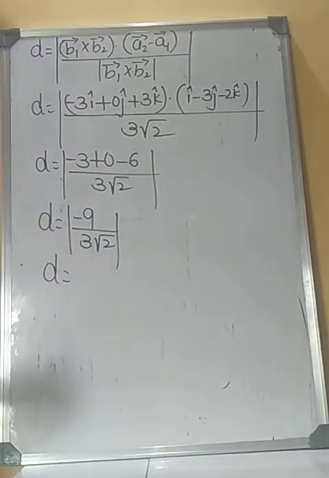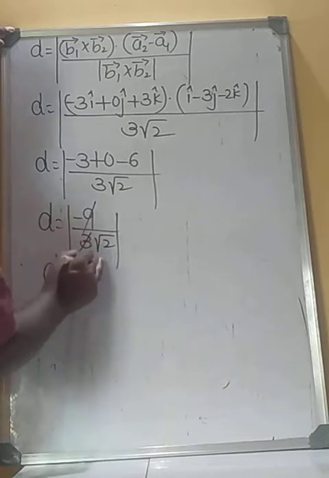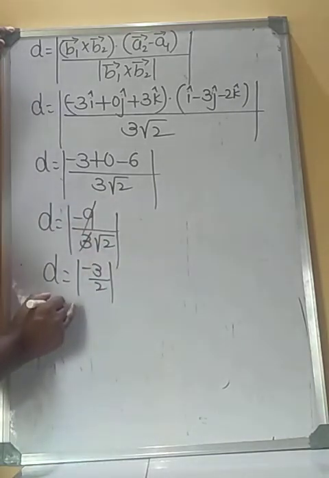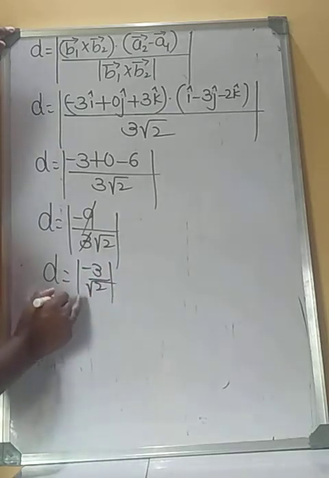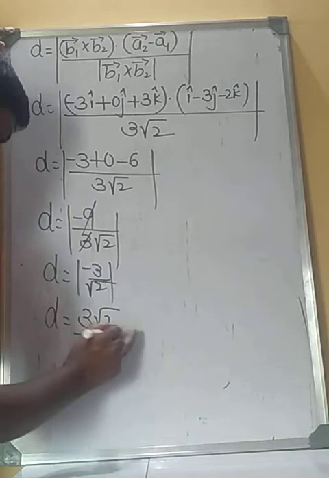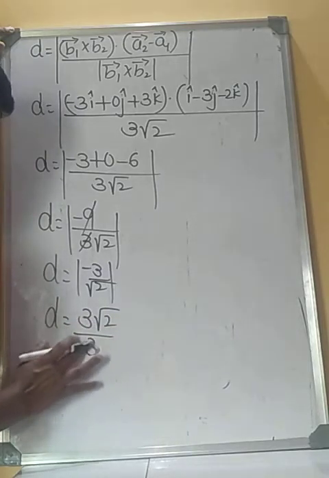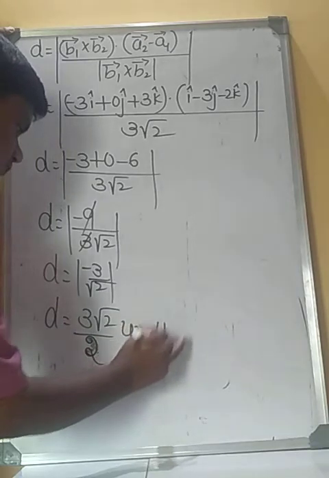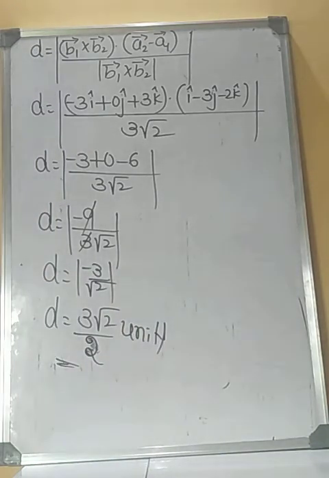Three threes are 9, so D is the magnitude of minus 3 by root 2, which is 3 root 2 divided by 2 units.